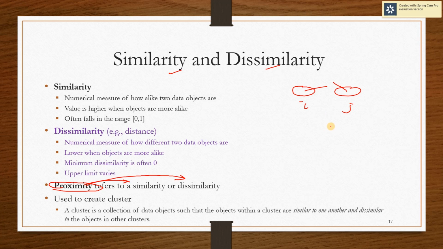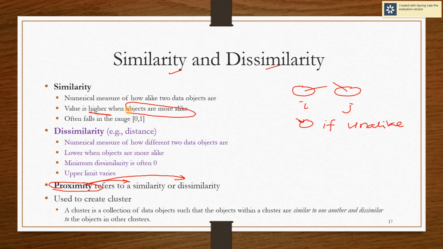It will typically return the value 0 if the objects are unalike, meaning it is not similar. The higher the similarity value, the more alike the objects are.